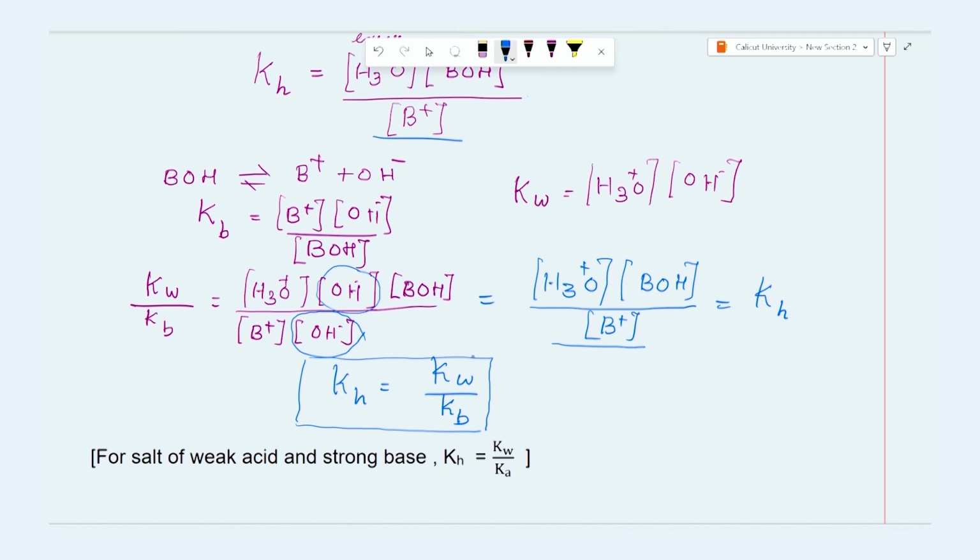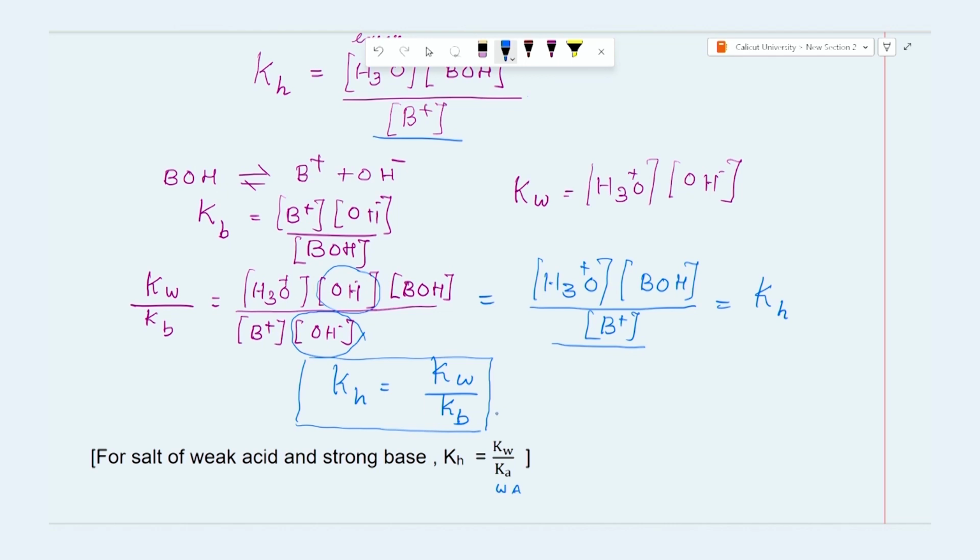When the acid was weak and the base was strong, just recall, it was KH is equal to Kw by Ka. So, this is the case when the acid is weak. Here we have considered the case where the acid is strong but the base is weak, and therefore the expression for the hydrolysis constant is Kw by Kb. If the acid is weak, it will be Kw by Ka.